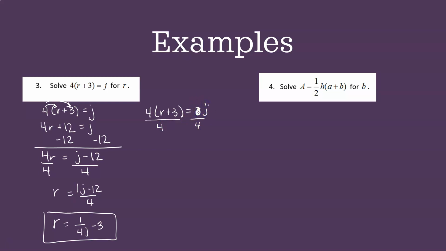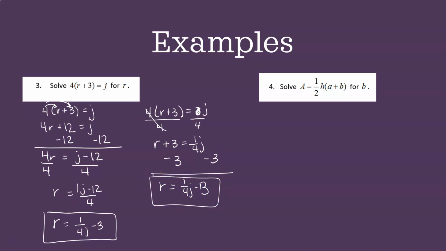This is a j. Okay, so that's canceled. Over here I have r plus 3 equals 1/4 j. And now I just subtract 3. So r equals 1/4 j minus 3. So the second one's a little bit shorter.